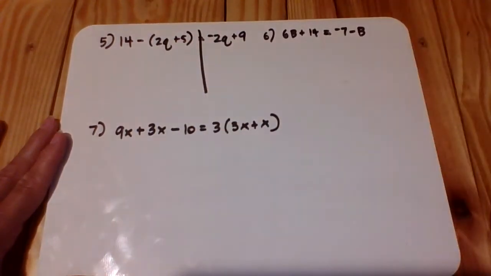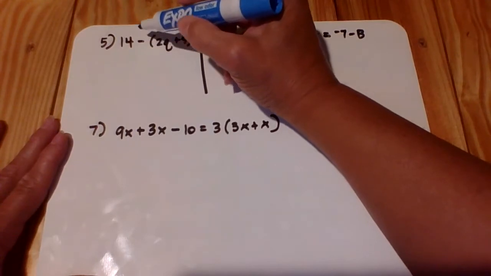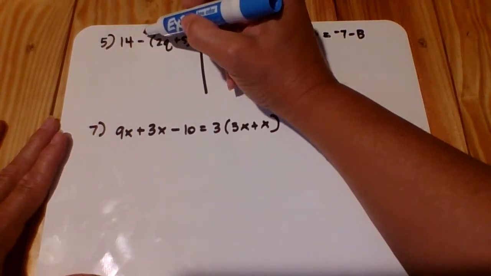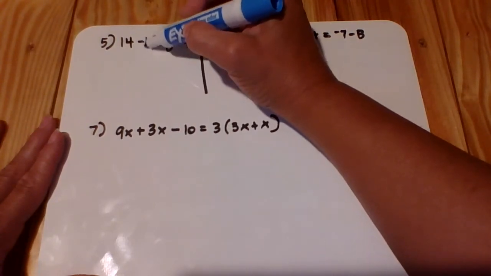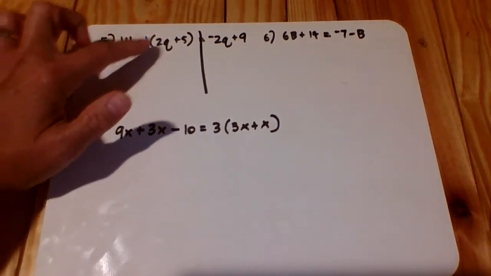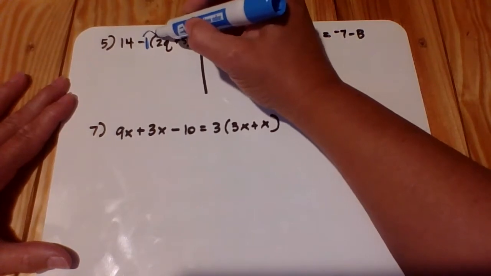There isn't a number smushed on the outside, but it's kind of that ghostly Gladys one, I call it. I have a ghost I call Gladys. And ghostly Gladys really kind of comes into effect here. It's a 1. So you have a negative 1 times 2q plus 5. So I do have a distributive property.